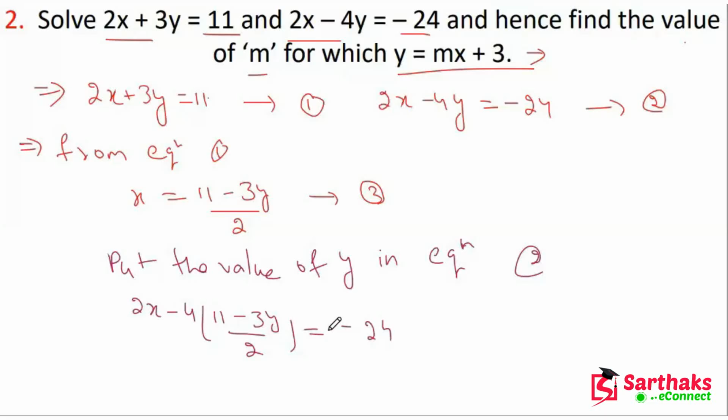Sorry, we have to put the value of x in x, but I'm putting it in the y. So there is a silly mistake, so you have to be very concentrated. So yes, 2 into (11 minus 3y). So friends, a silly mistake will cause your answer to become wrong.